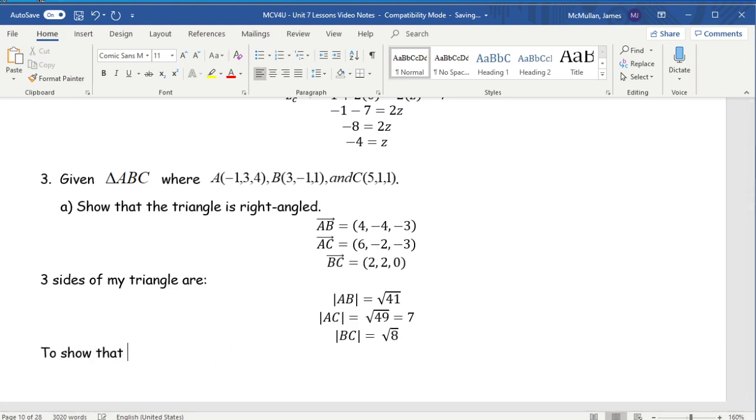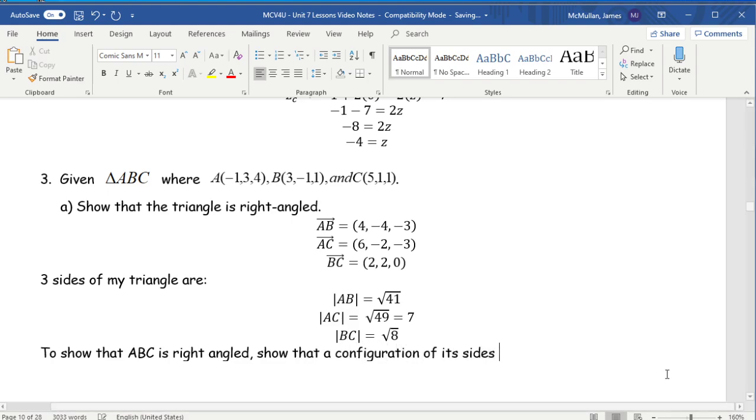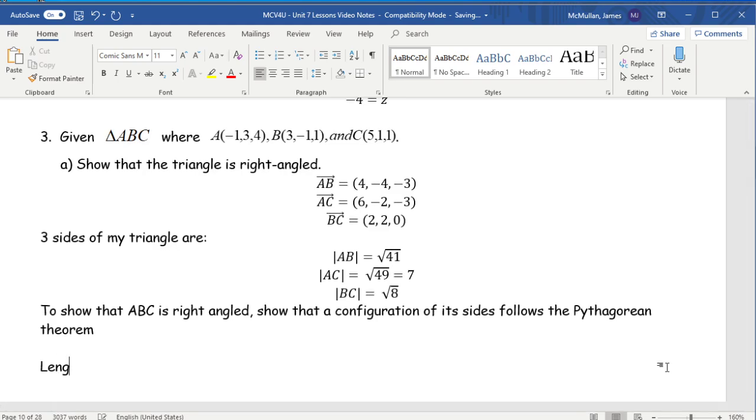To show that ABC is right-angled, show that a configuration of its sides follows the Pythagorean theorem. So, for instance, take the longest side squared, it would have to equal the sum of the squares of the shorter sides.